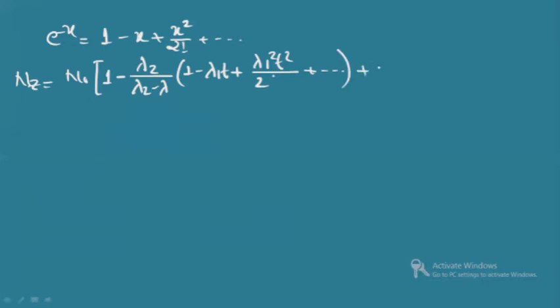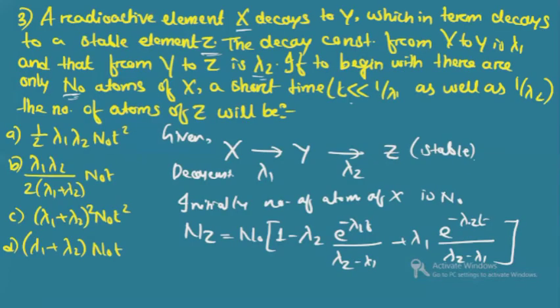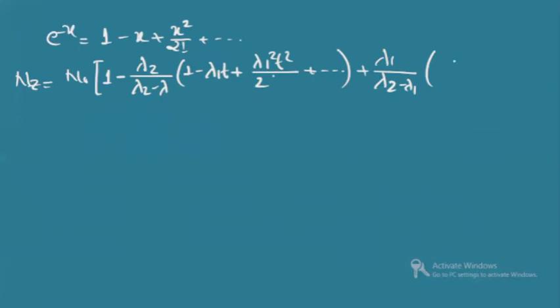Next you see here for the second term. Here also you will take lambda 1 divided by lambda 2 minus lambda 1 common, and the exponential is e to the power minus lambda 2 t. So you can write it as 1 minus lambda 2 t plus lambda 2 square t square divided by factorial 2. That means it will be only 2. Again you will write here, and it continues.